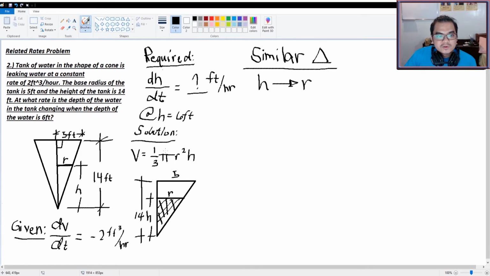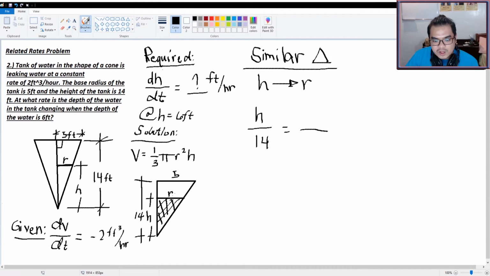So what will happen here is like this. The height of the small triangle is h, right? So you write here h over the height of the big triangle, which is 14, and that is also equal to the ratio of the radius.